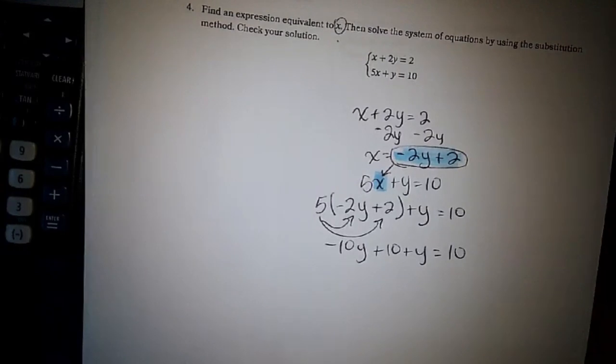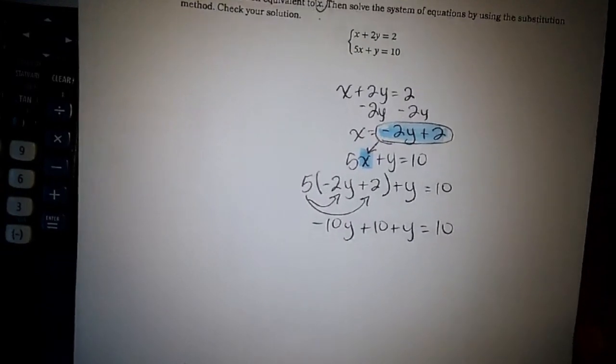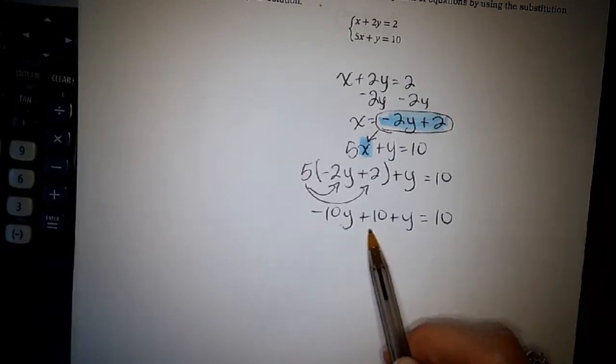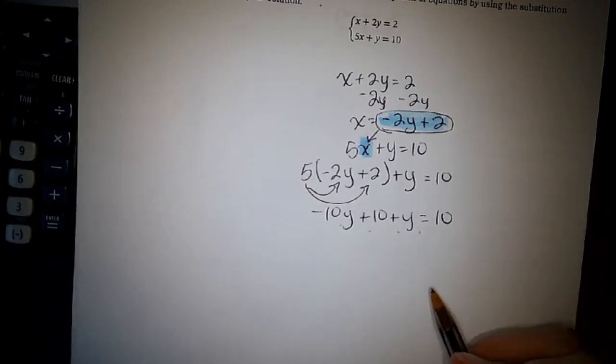I don't think I need to show y'all 5 times negative 2y, 5 times 2. I think we should be okay. Are we okay with that? Okay, so negative 10y plus 10 plus y, we need to combine like terms. The y's. Negative 10y plus y is negative 9y plus 10 equals 10.